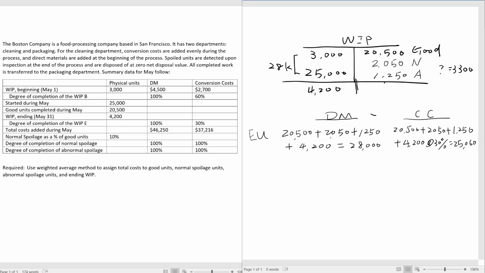Next is to summarize total costs of each input. Direct material costs total are 4,500 plus 46,250 equal to 50,750.